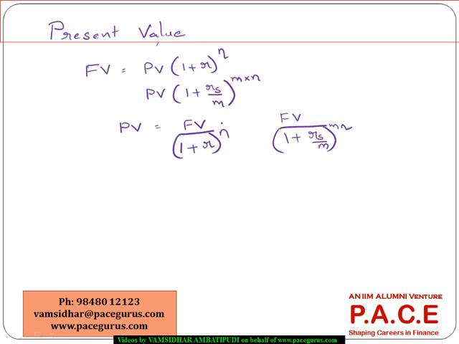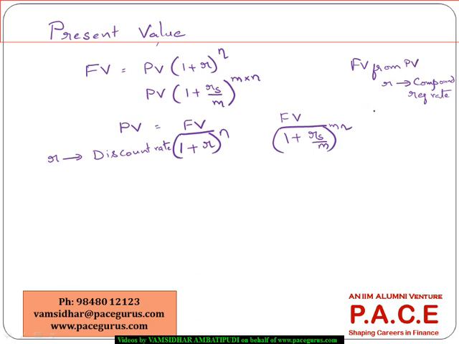So where we are reducing the future value by a certain amount to obtain the present value, in this context the R is being used as a discounting rate. So initially, whatever we discussed about the different forms of interest rate, if I want to compute a future value from present value, the R that we use, we call it a compounding rate or the required rate of return.